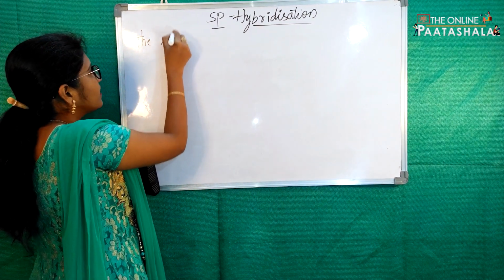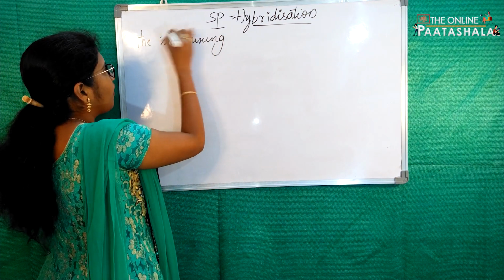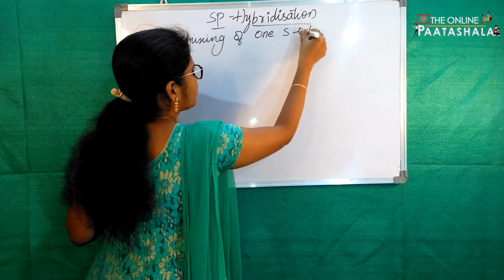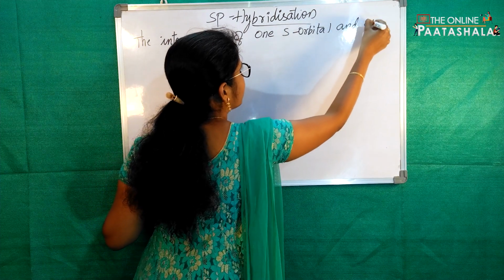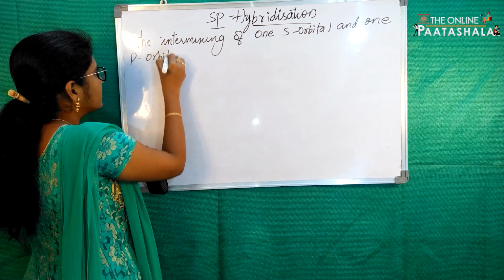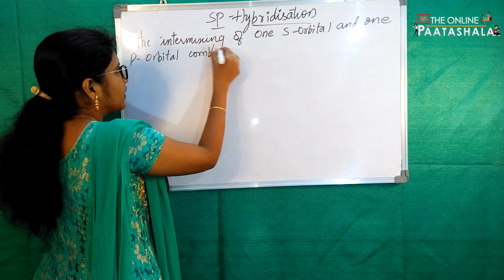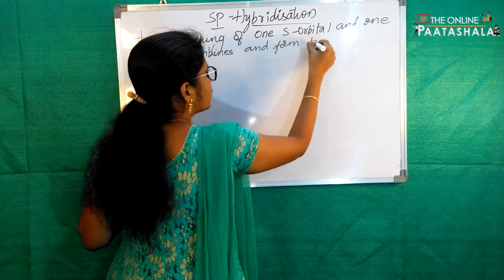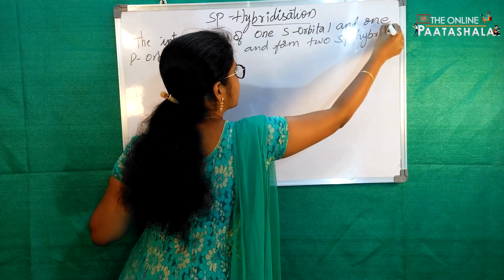The intermixing of one s orbital and one p orbital combines and forms 2 sp hybridization.